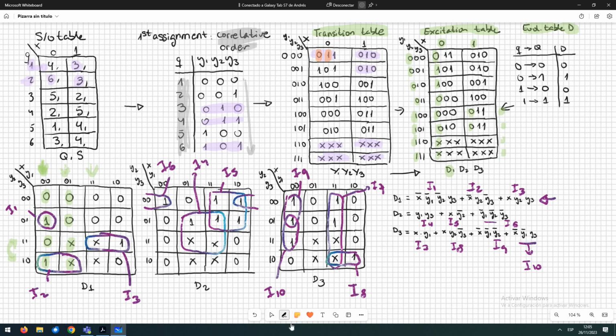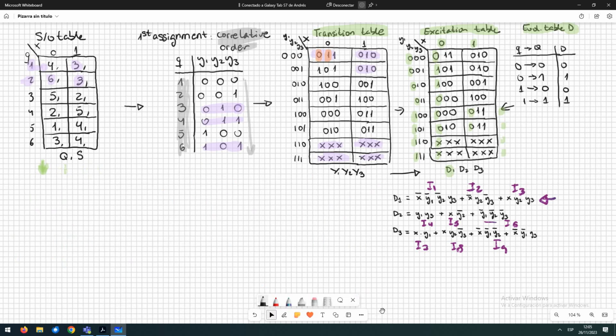Let me clear the Karnaugh map because I need space. The next step, which I'm not going to do completely to save time, is to have the 3 D bistables. We need 3 because we have 3 state variables.